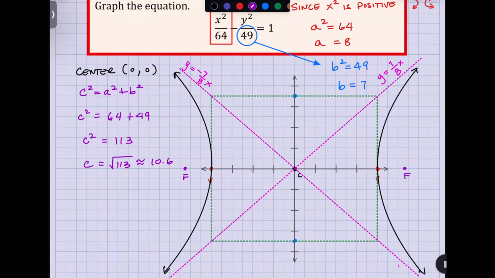My foci. So my center was 0, 0. My vertices were what?